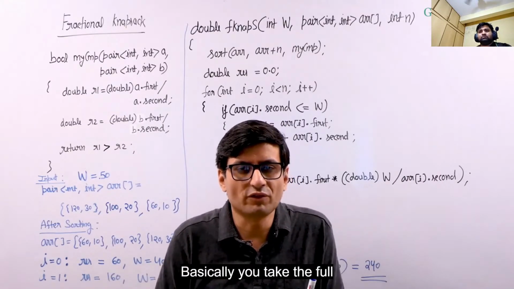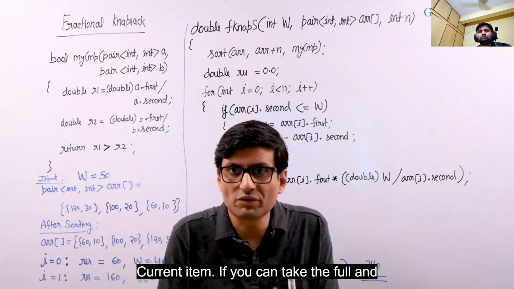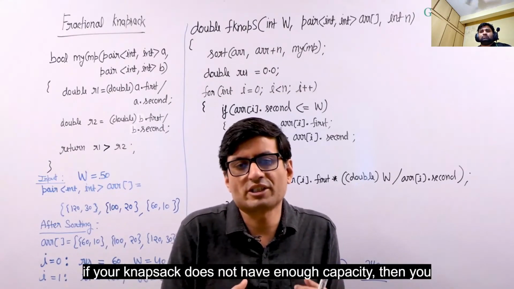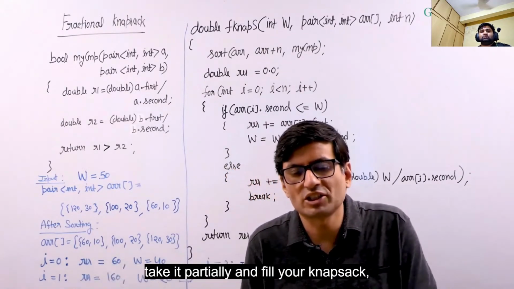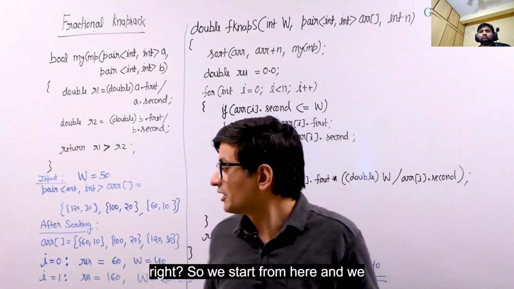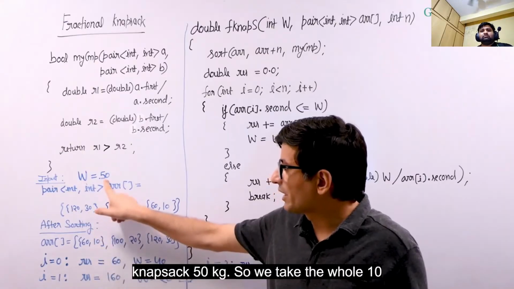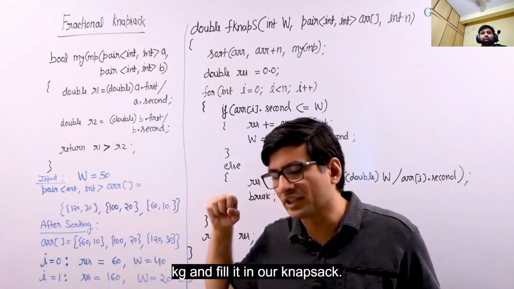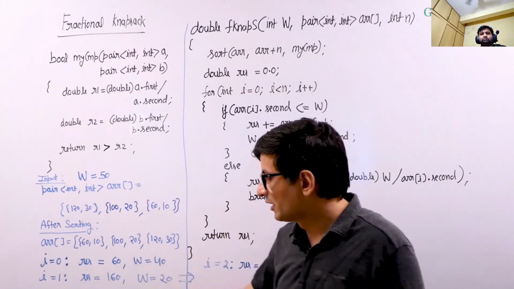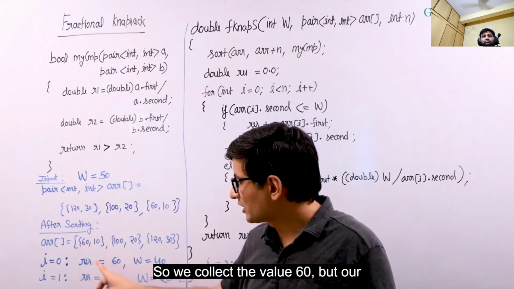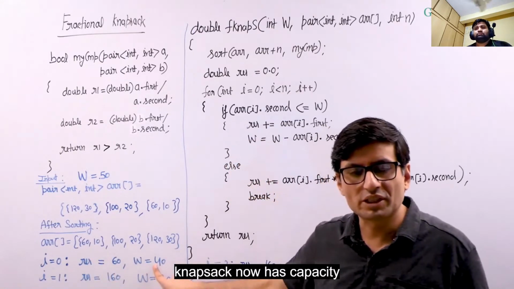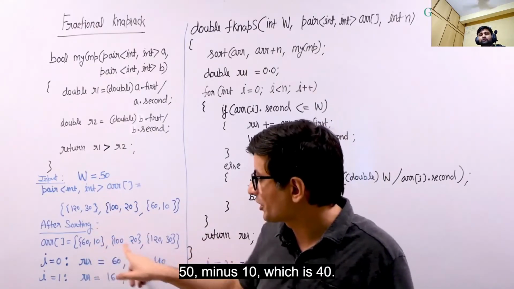Basically, you take the full current item if you can take the full. And if your knapsack does not have enough capacity, then you take it partially and fill your knapsack, right? So we start from here and we have this item with 10 kg and we have knapsack 50 kg. So we take the whole 10 kg and fill it in our knapsack. So we collect the value 60, but our knapsack now has capacity 50 minus 10, which is 40.